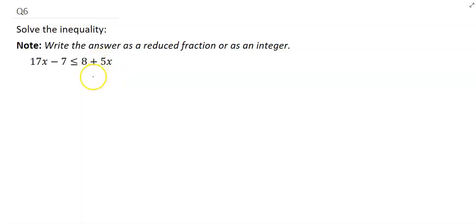So I'm going to bring 5x to the left, negative 5x. I'm going to get rid of this 5x here, and here I'll have 12x. Different signs, I subtract and keep the sign of the bigger number.